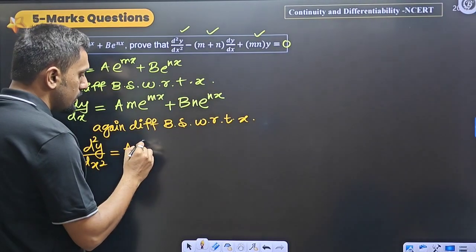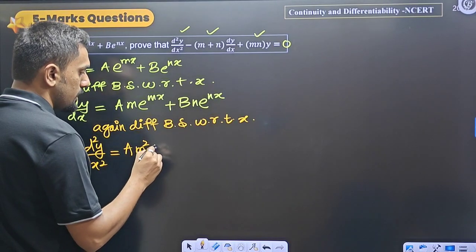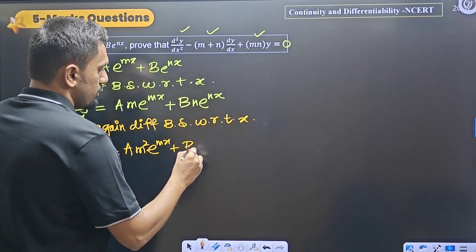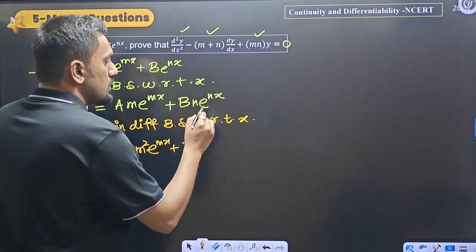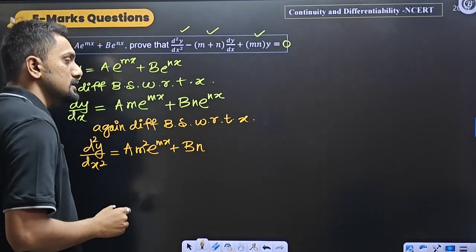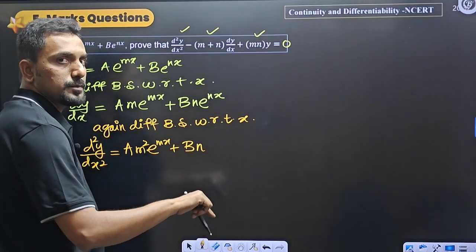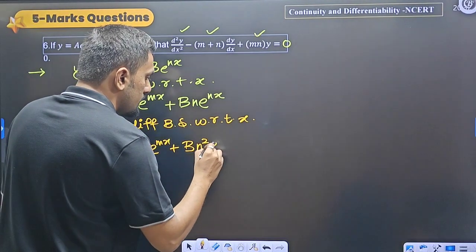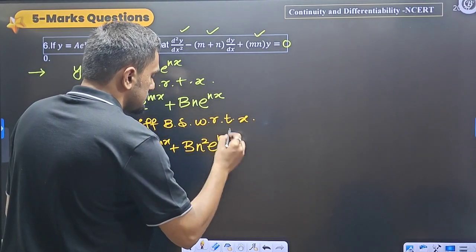That m into this m becomes m square e raised to mx plus b n into e raised to nx, derivative becomes n e raised to the power nx. That n into this n becomes n square e raised to the power nx.